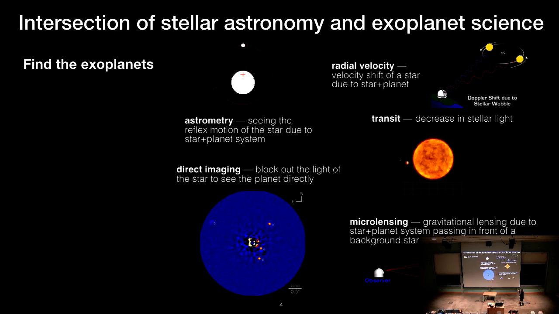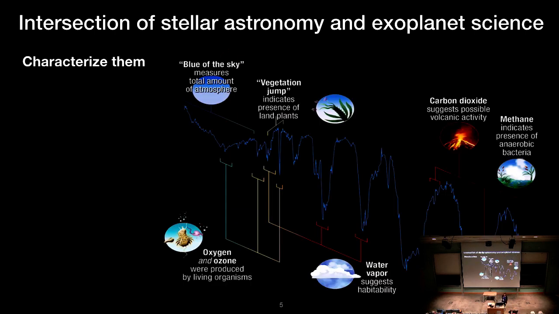Astrometry, direct imaging, radial velocity, the transit method, microlensing method, all of those rely on some mechanism that involves the star and looking at a wobble around the star or a dip in the star's brightness. But in order to interpret those signals and find the exoplanets, you have to have an understanding of some of the fundamental properties of the star. So that's one nice intersection between stellar astronomy and exoplanet science.